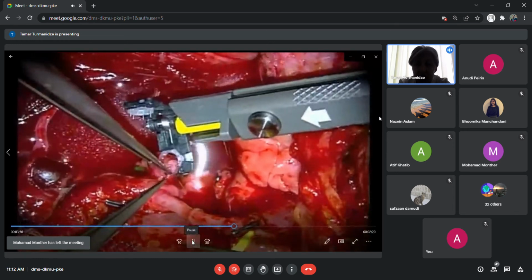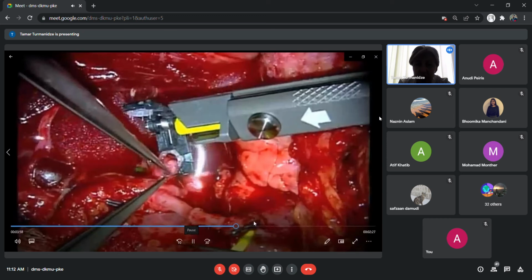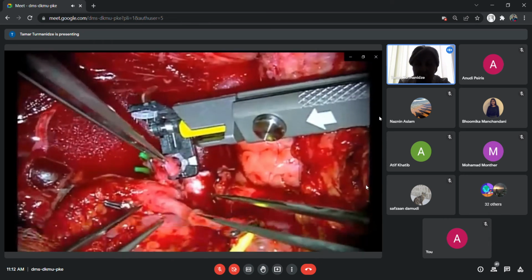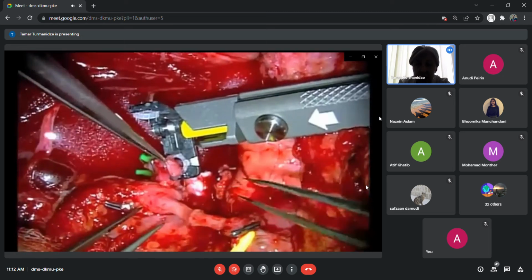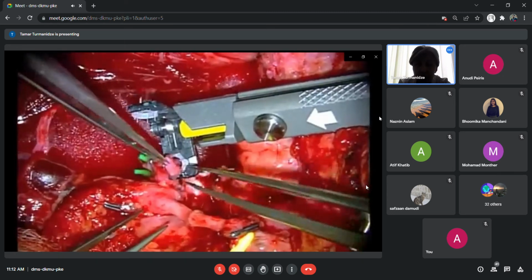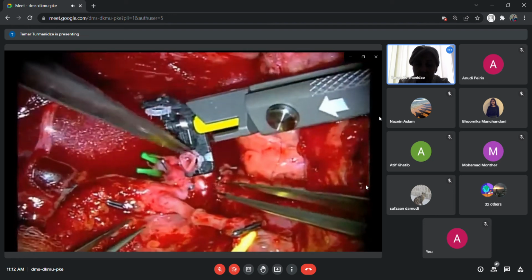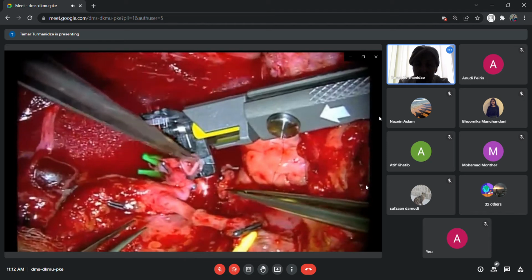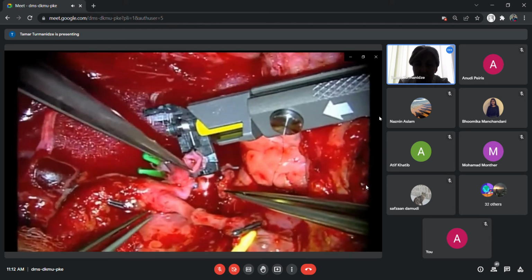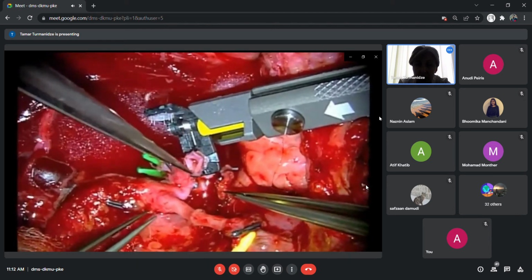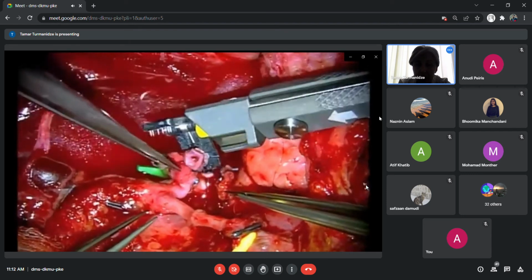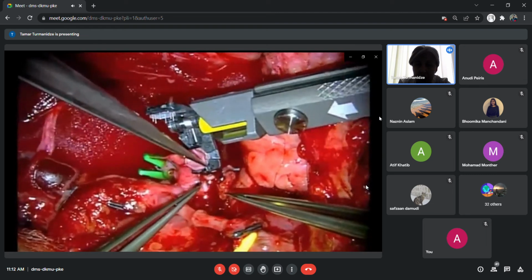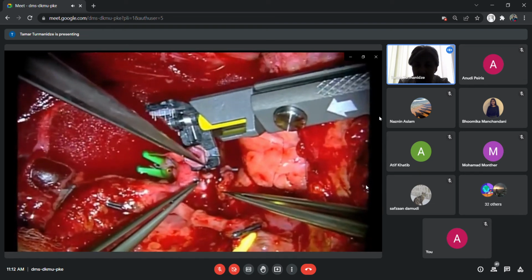So it is turned, look, from inside outward of the lumen of the vessel and is held on the staples, the tantalum threads, one side and the other side.